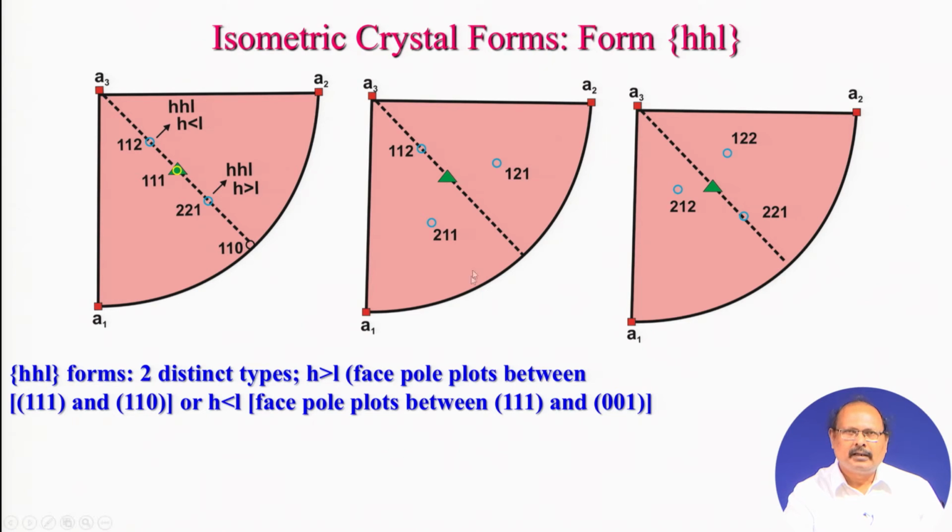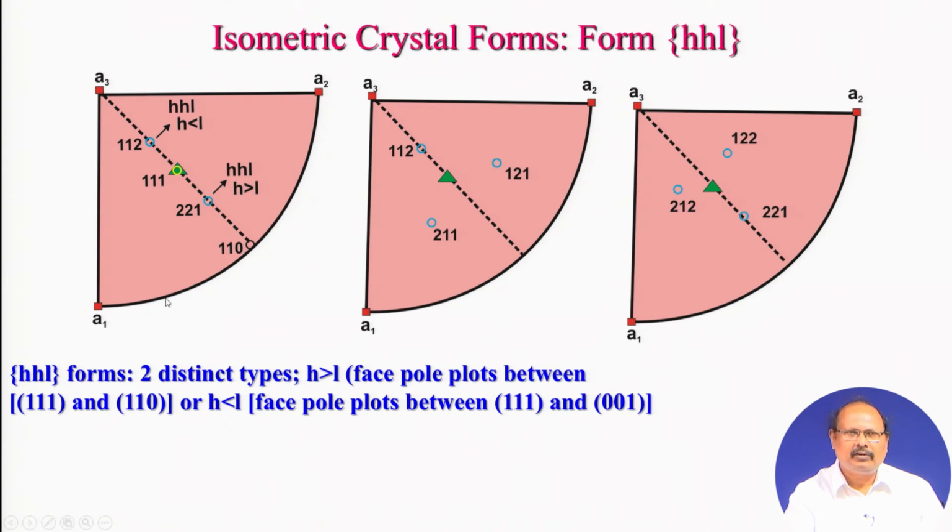Let us consider the symbol of this form as HHL, that means along A1 and A2 the intercepts are the same. Now, depending on the values of H and L, you can have 2 situations here: one in which H is greater than L, and the other in which H is less than L.